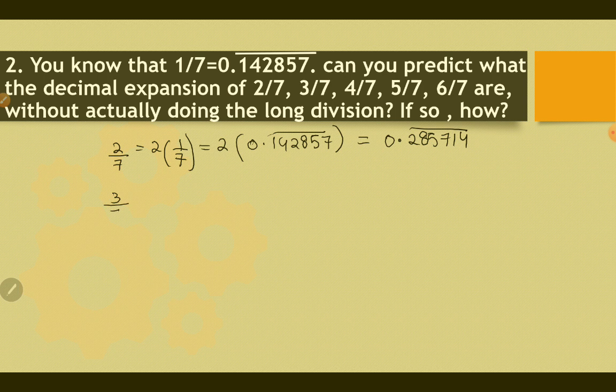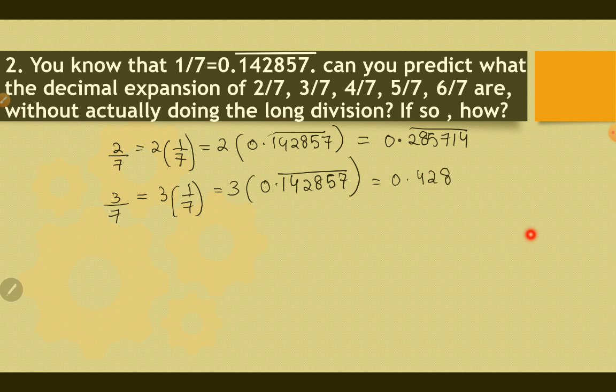Same way, 3 by 7 is nothing but 3 into 1 by 7, that is 3 into 0.142857 the whole bar. We know that if there is a bar, the number keeps repeating. So 0.428571 bar is 3 by 7's value.